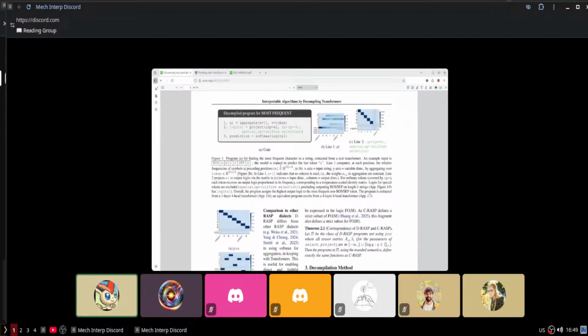Program for finding the most frequent character in a string. This is for a hair cut performer.